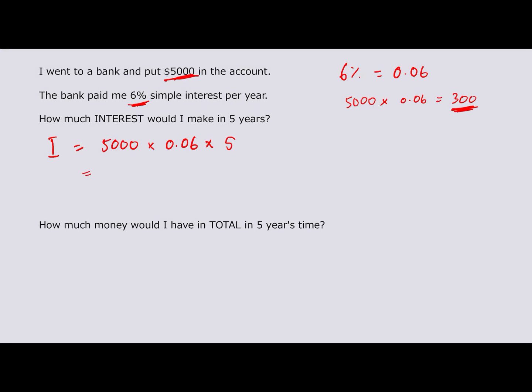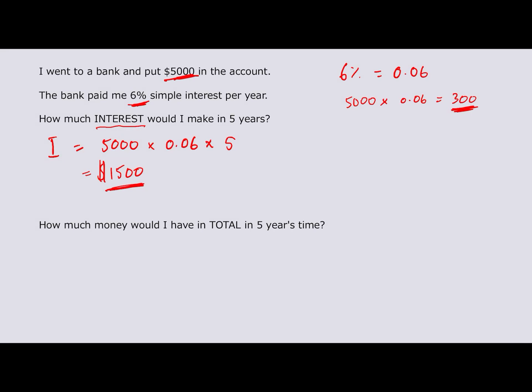And I'm going to earn that $300 5 times, because I'm saving it for 5 years. So all I need to do is put that equation into my calculator to find out that the interest that I've earned is $1,500. That's how much interest I make.